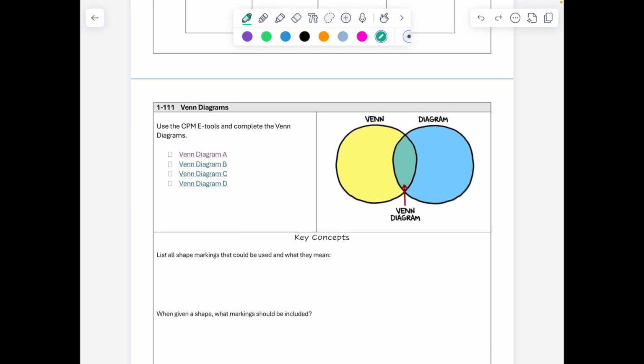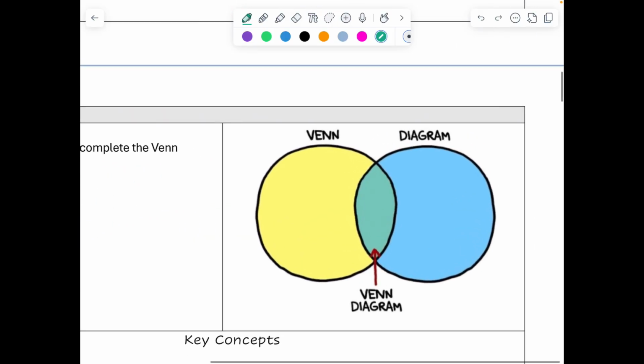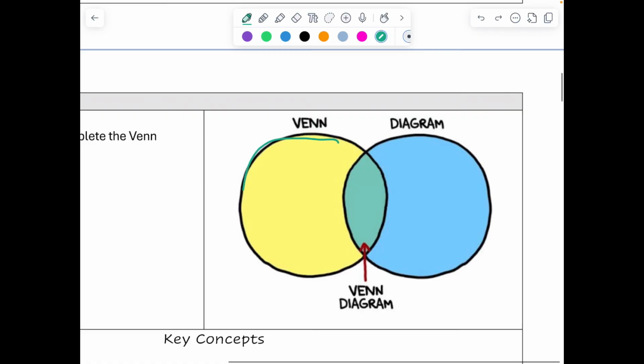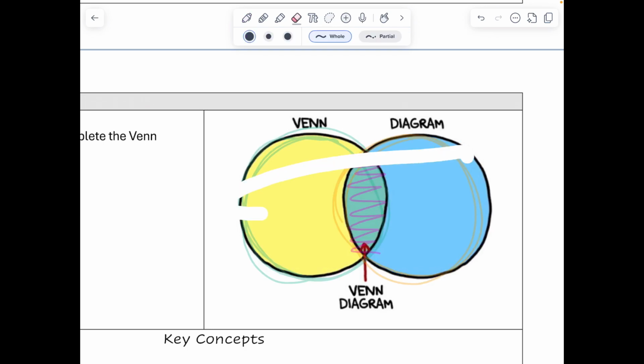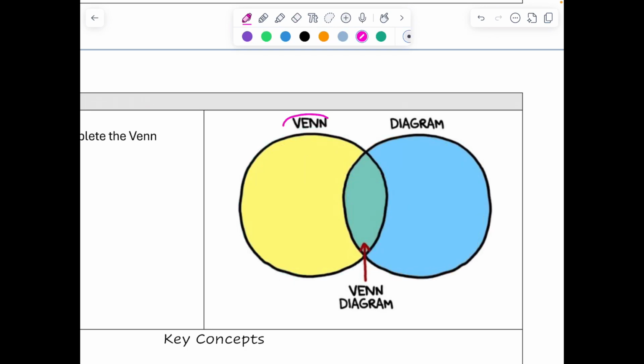Moving on to Venn diagrams. Here's how a Venn diagram works. One of your circles is about one thing. Another circle is about another thing that is different from the first. But then in between here where they overlap, that is about both of these things. So they show us a cute little thing here.